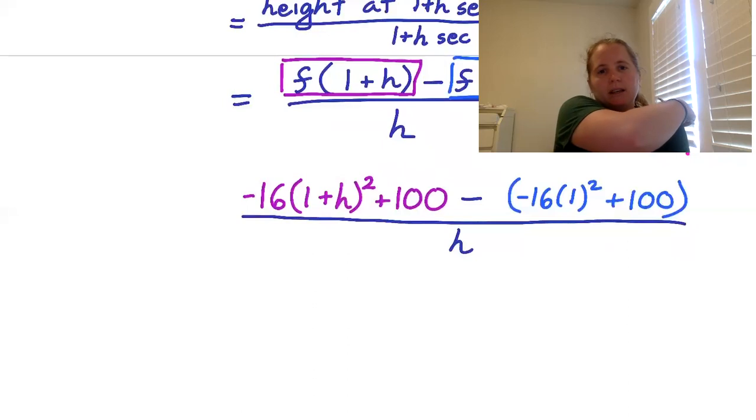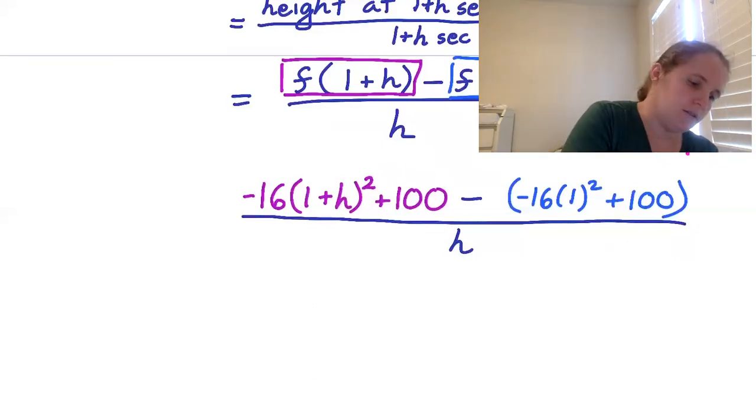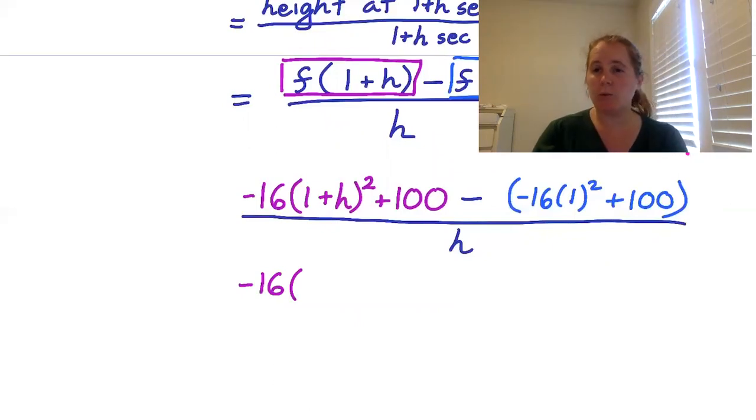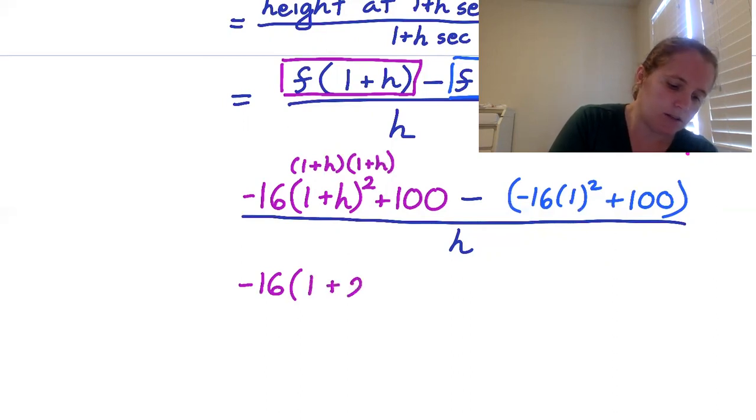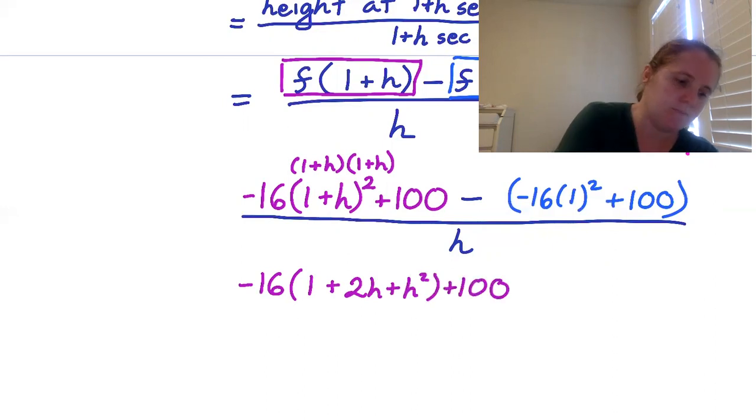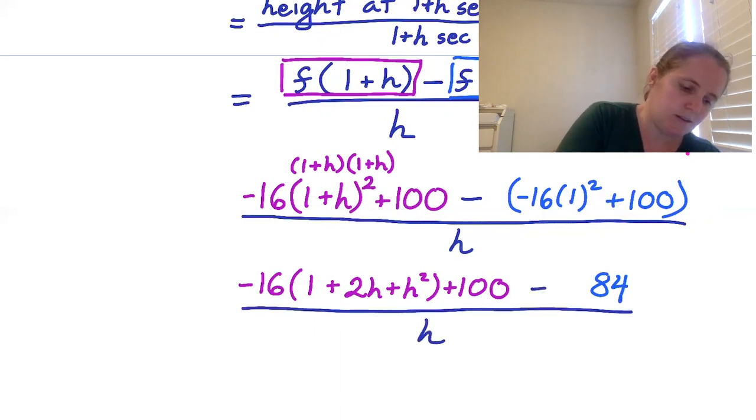So 1 plus h squared, we have our negative 16 out front. 1 plus h squared, we are doing 1 plus h times 1 plus h, which becomes 1 plus 2h plus h squared. Then we have our plus 100. On the right, we are subtracting off 84, and dividing by h.